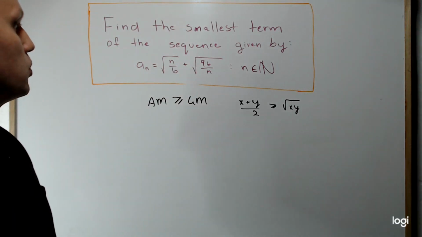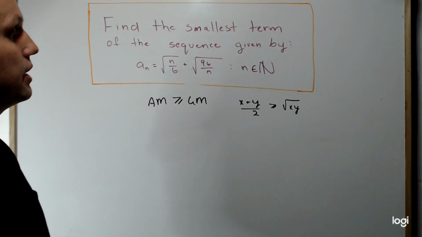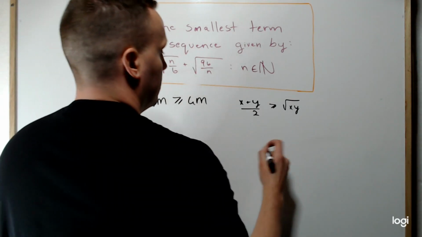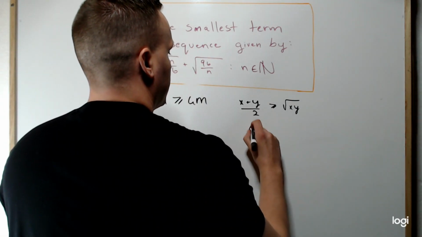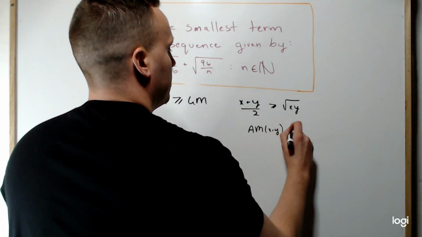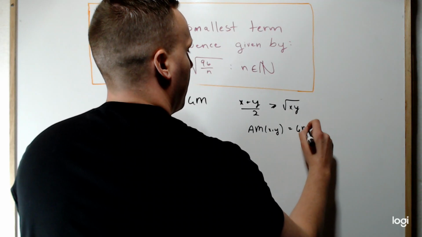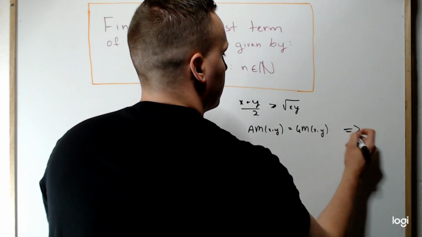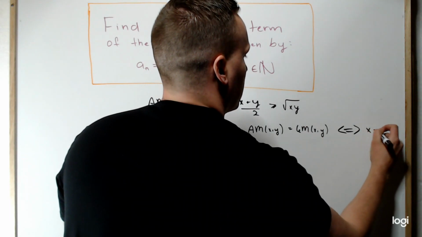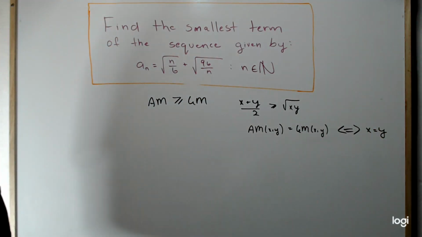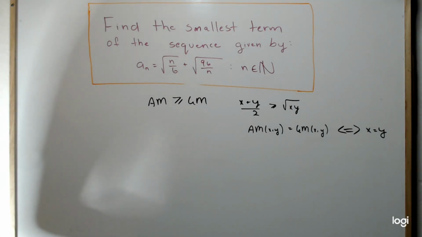And moreover, the theorem states that the arithmetic mean of x and y equals the geometric mean of x and y if and only if x equals y. And that's going to turn out to be useful in solving this problem. So let's have a look.